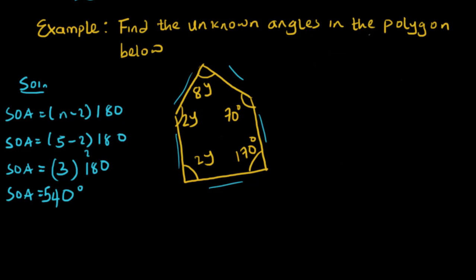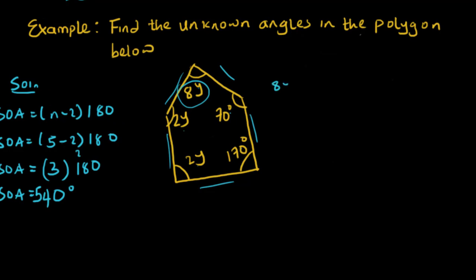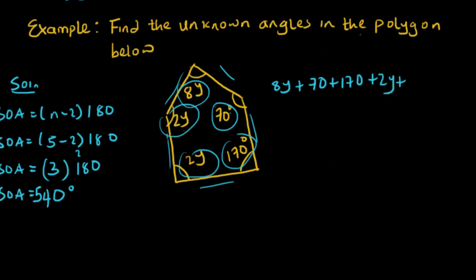Do you understand this? Now the next step is to add all the angles given, equate it to 540, and then find the unknown. So let's do that. We have 8y, so I'll be writing it here. 8y plus, I've got 70, plus I've got 170, plus I've got 2y, and it equals what? 540.